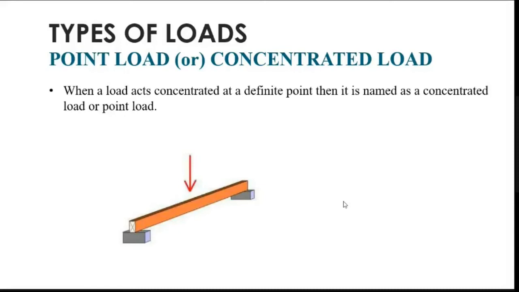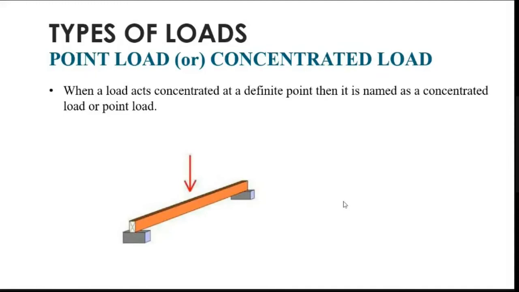There are different types of loads. We will talk about the different types of loads now, their importance, and how to convert them, and then different types of supports also. The first one is a point load. Whenever a force is applied at a particular point, we call that a point load. It is always indicated by an arrow.